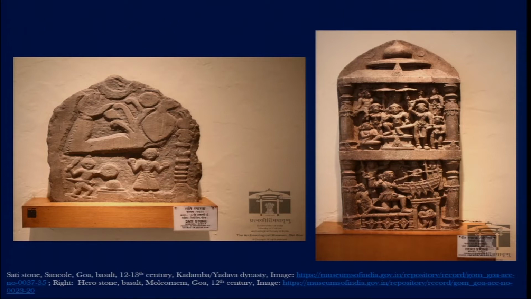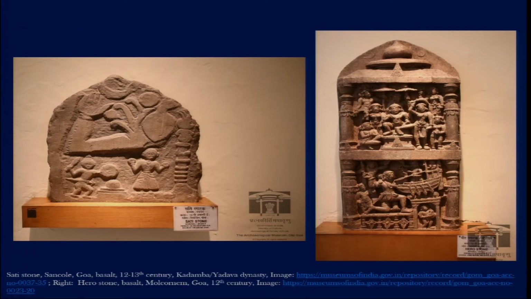So in the Sati stone, in the hero stone, we usually find that there are registers of this kind of narrative. The main part of the narrative in a Sati stone will perhaps be this prominently raised hand, and then there are other smaller sections, and other narratives which are also made part of these stones.